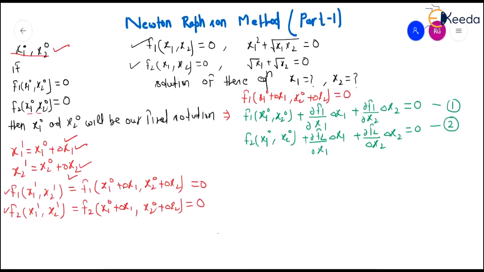We can write the first and second equations in terms of a matrix. So what we will do, we can throw f1 and f2 to the right hand side.